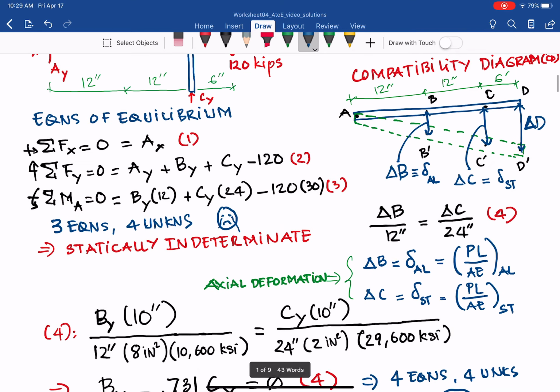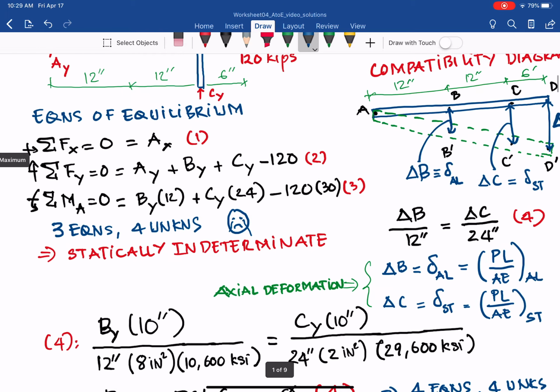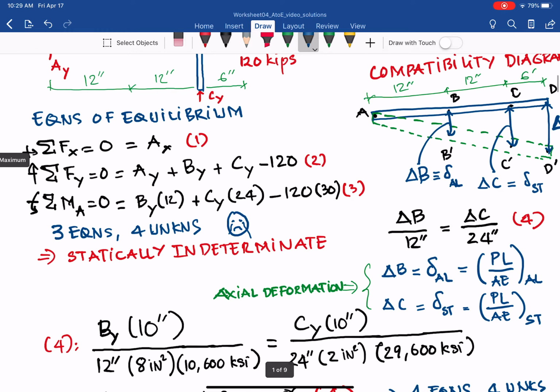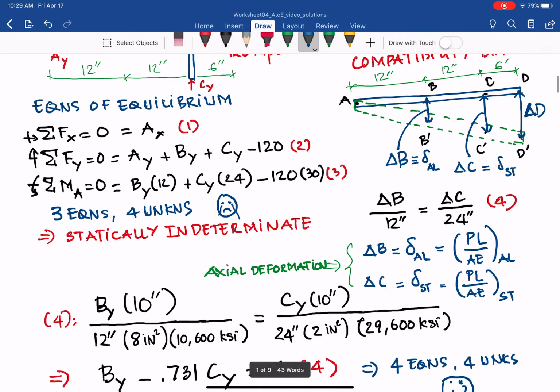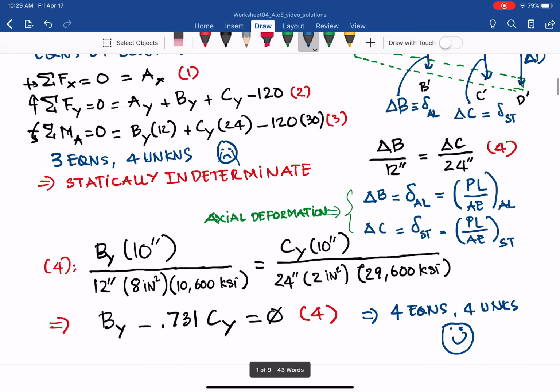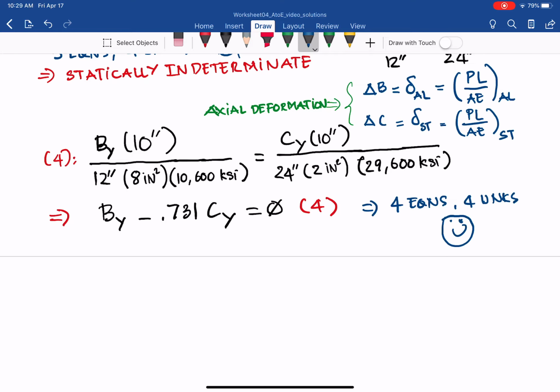Because from equation 1 we already know AX equals 0, we just need equations 2, 3, and 4 to solve AY, BY, and CY. So we use equation 2, equation 3, and equation 4.